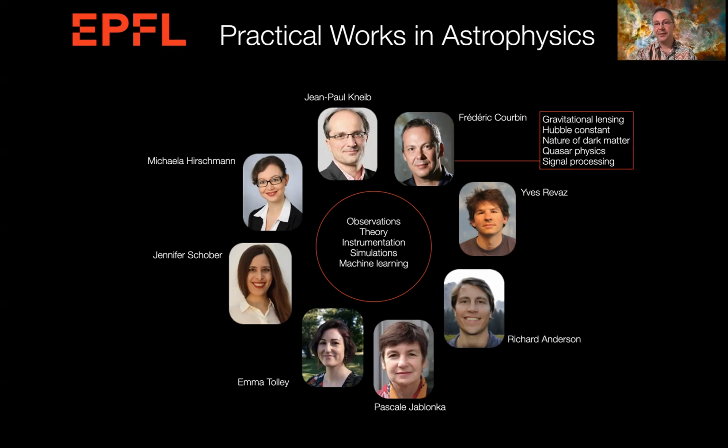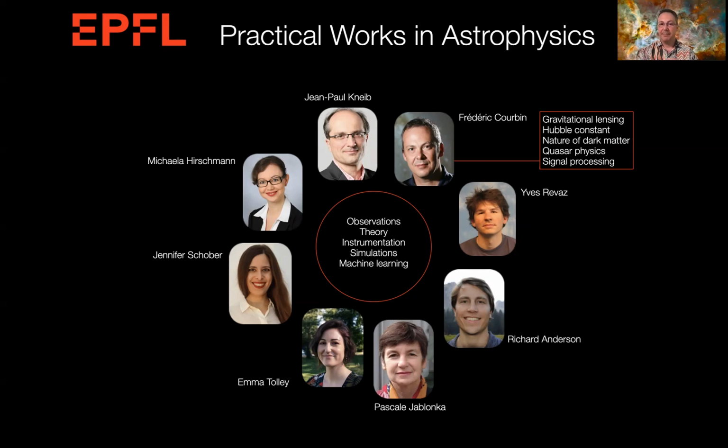And finally, myself, I'm working on gravitational lensing. This can be used for many things. One thing is the measurement of the Hubble constant, like redshift, but with a completely different method. Since you can measure masses with gravitational lensing, you can also study dark matter.